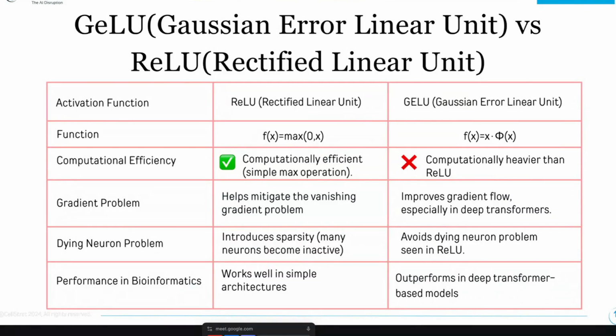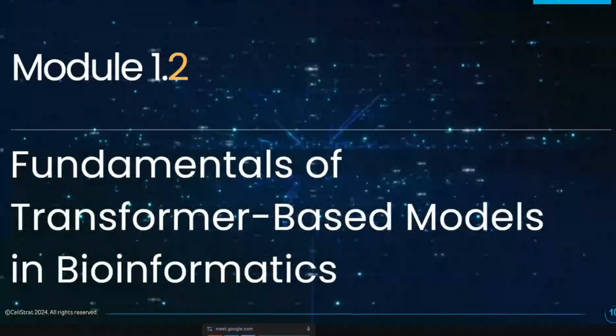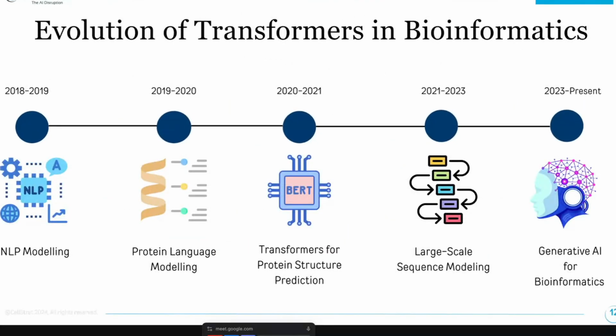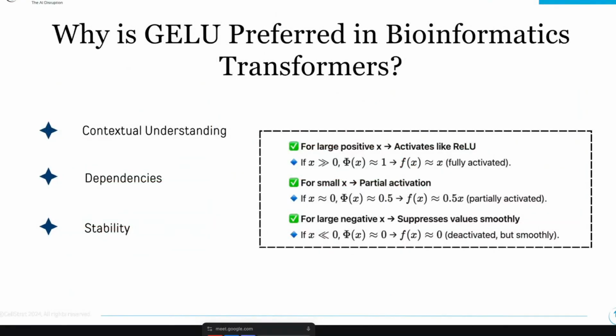So it outperforms the primitive transformer models that used to be there, like the original BERT architecture, which used to look like this. It outperforms it by multifold. So using the GLU activation function has been a game changer in terms of predicting protein structures in bioinformatics. So this is how the activation function works, right?